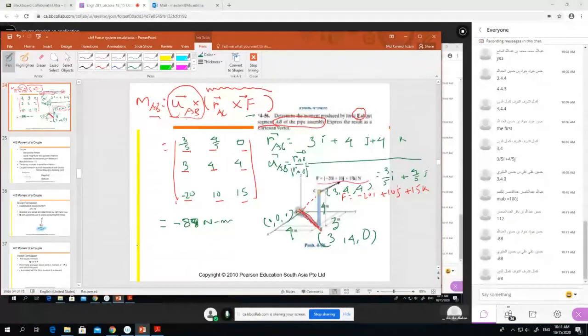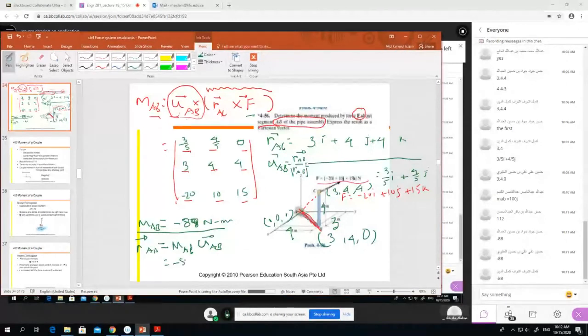Now the MAB vector. Remember, MAB is just a magnitude. Now you have to find the vector. If you want to find the vector, it's very easy: scalar multiplication of the unit vector with the magnitude.